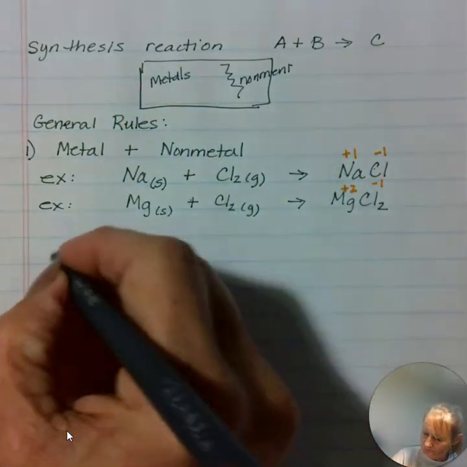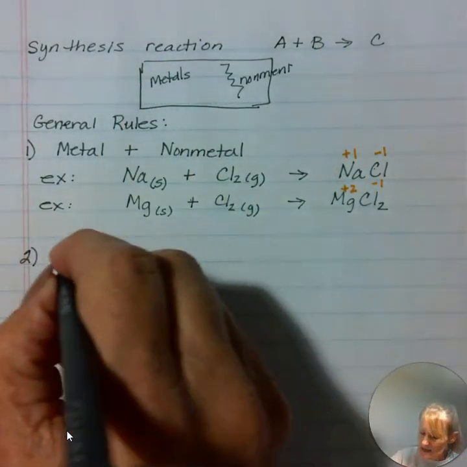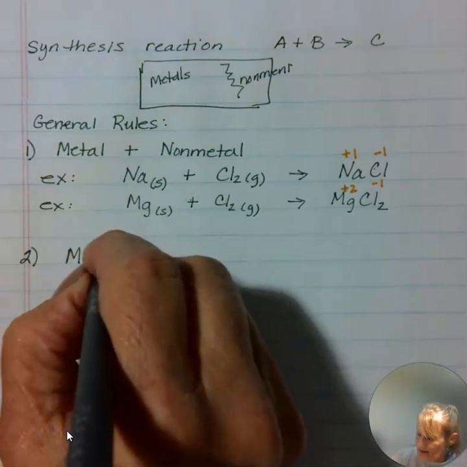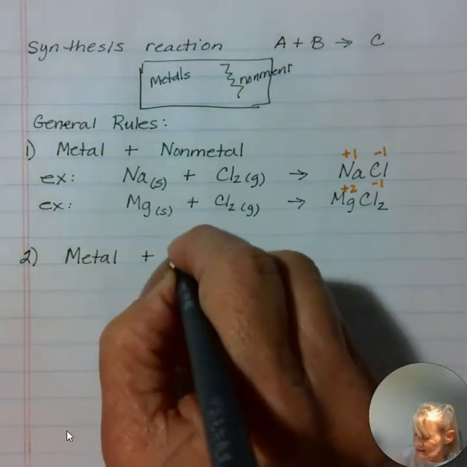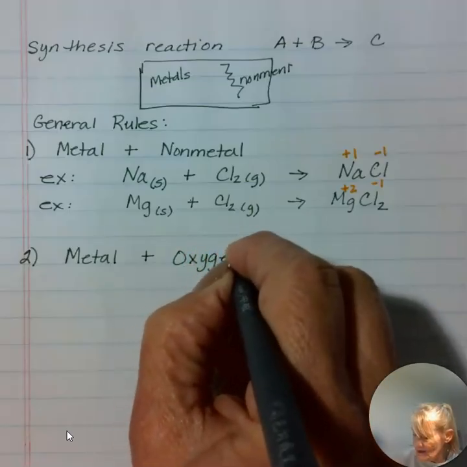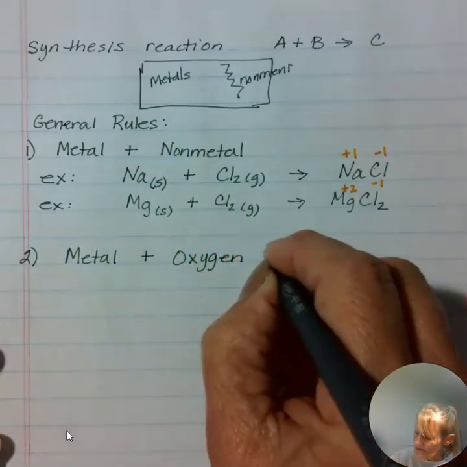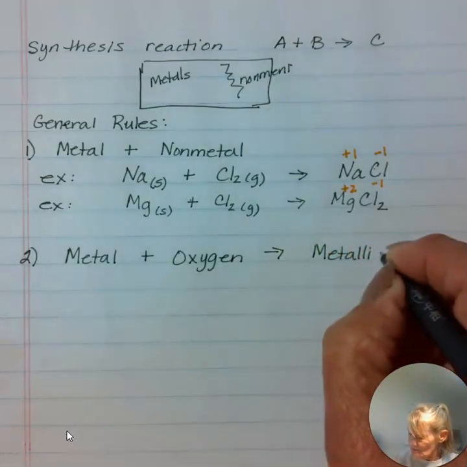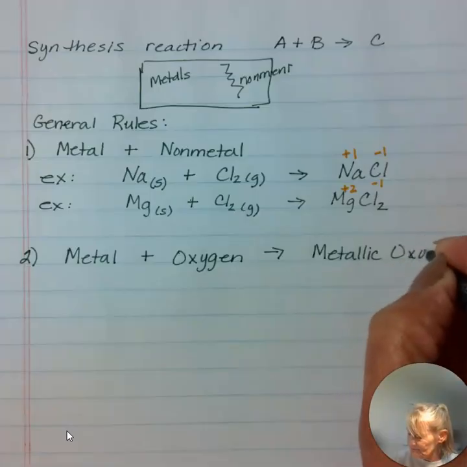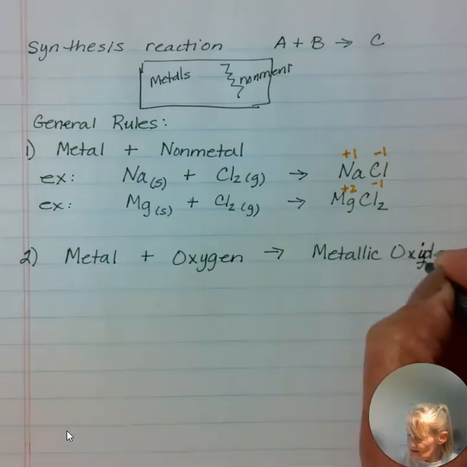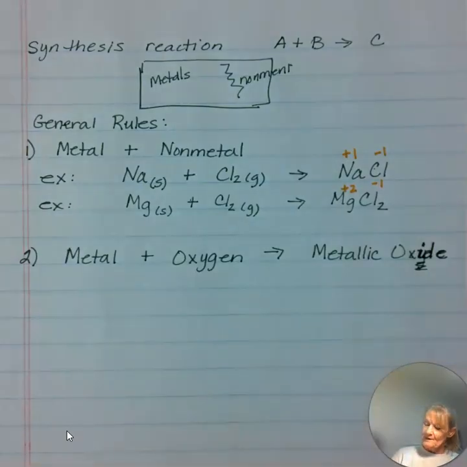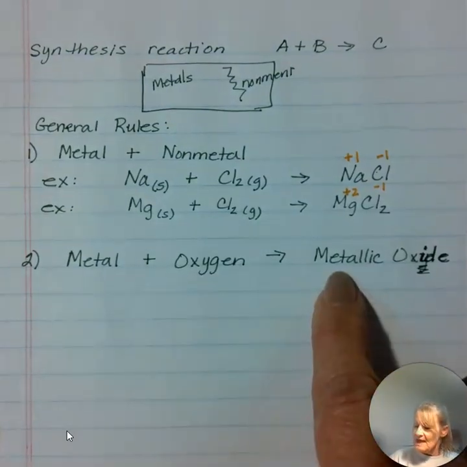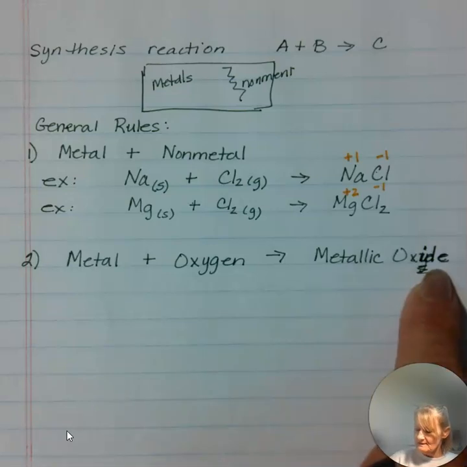Second one, okay, is if I have a metal plus oxygen. And what this is going to form is what we call a metallic oxide. O-X-I-D-E, oxide. Okay, so what we're going to have is a metal and an oxygen.